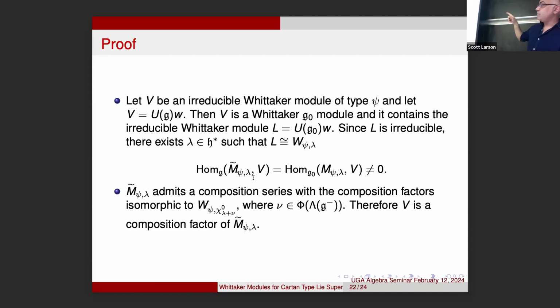In the second part, V is a G0 module by restriction. So this is non-zero. M tilde is a module with composition factors isomorphic to standard modules. That's why V is a composition factor of the induced module M tilde.